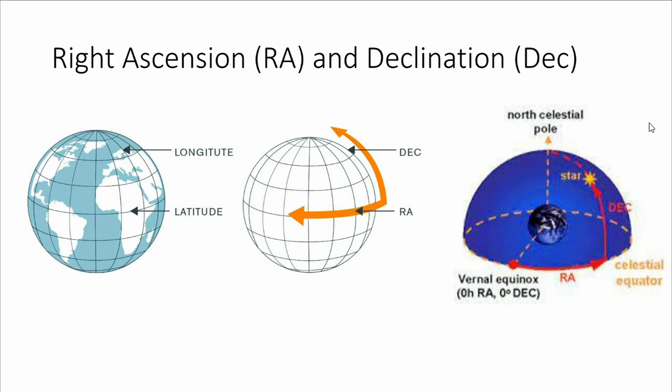So the latitude lines are equivalent to the declination angle, and the longitude lines are equivalent to the right ascension angle. So now, using these coordinates, I could tell someone what the right ascension and declination of the star is, and no matter where on the Earth they are, they can tell their telescope to point at that right ascension and declination, and we'll both be looking at the same star.